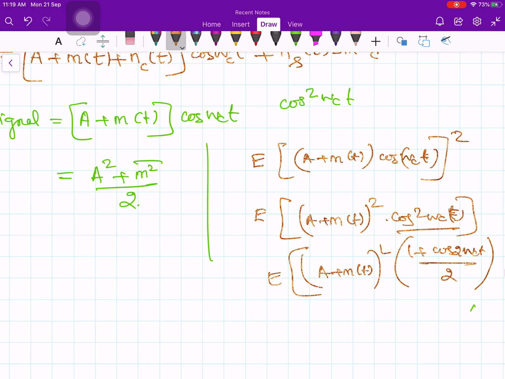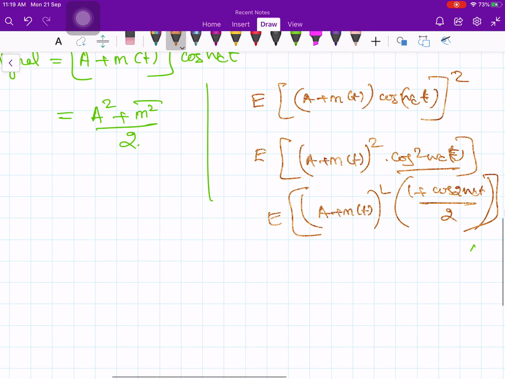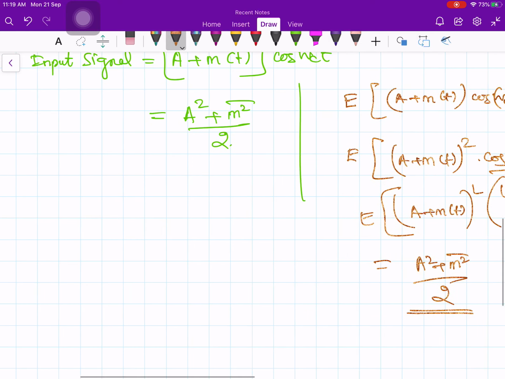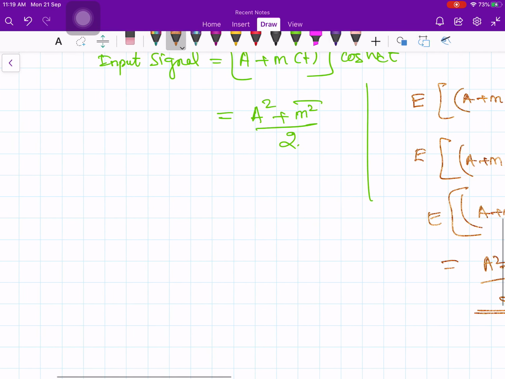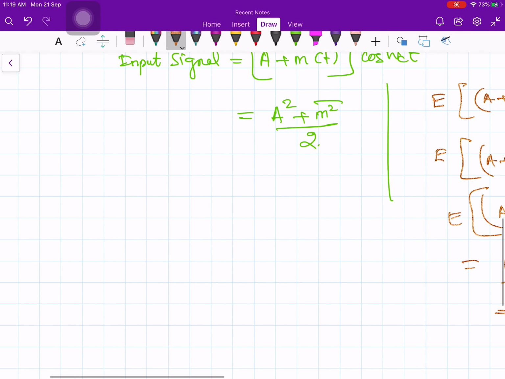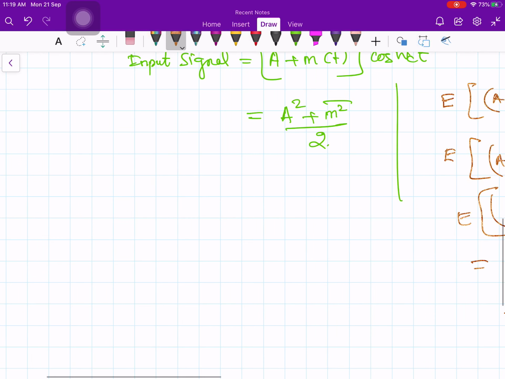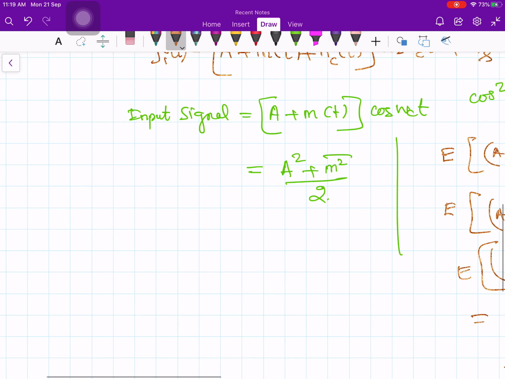And again you do the same process. Finally you will end up with a squared plus m square by 2. So that is the expression for the input signal power SI.